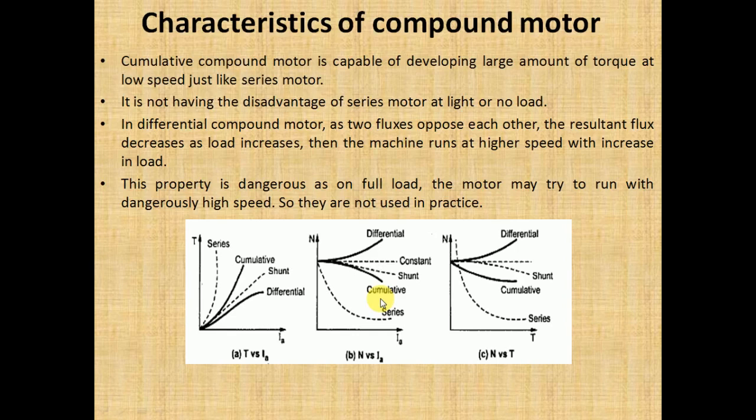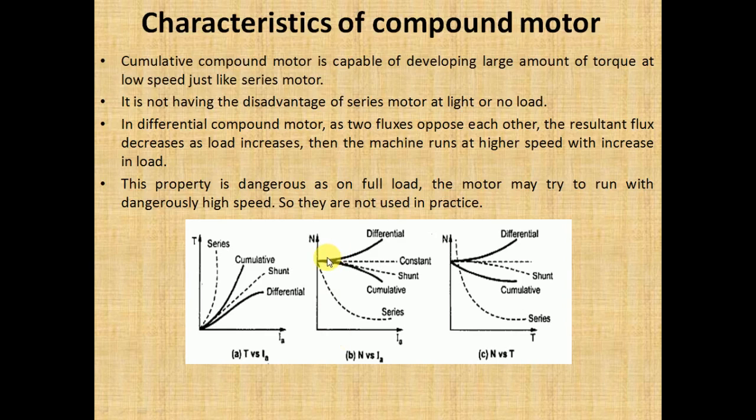Now let's see the speed versus IA characteristics of the cumulative and differential compound DC motors. Just as mentioned earlier, in the case of the cumulative motor, the characteristics lie in between those of series and shunt. While considering the differential compound DC motor, when we increase the value of load current, the magnitude of flux will reduce.